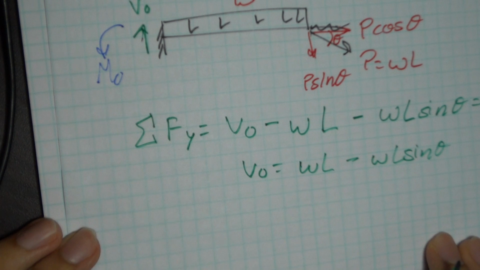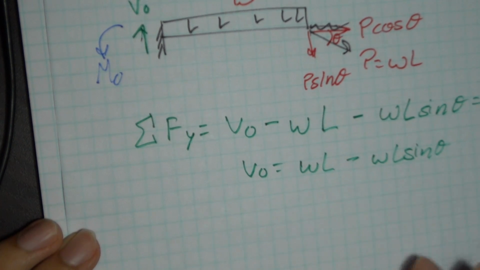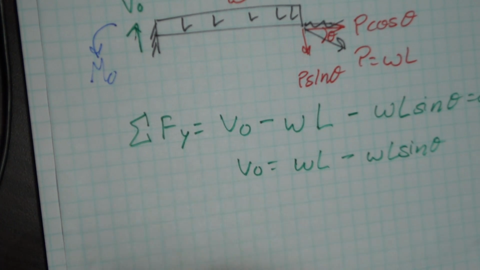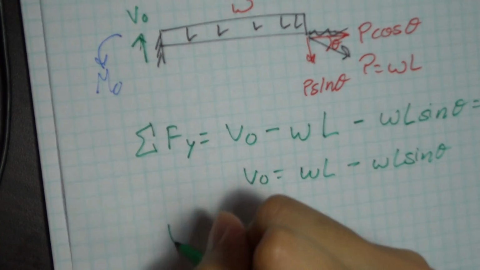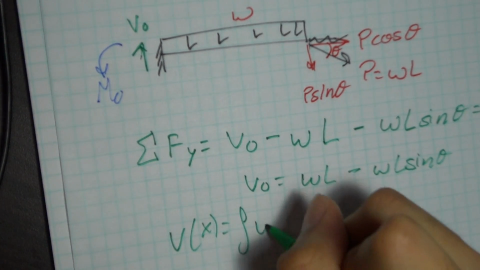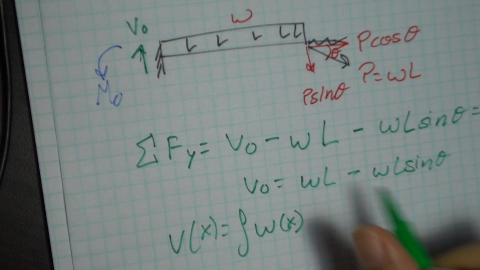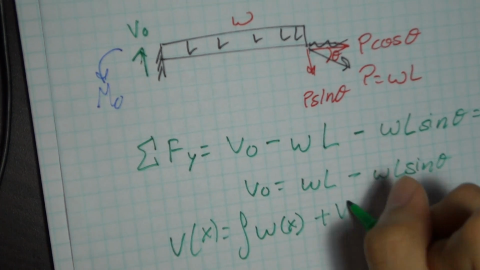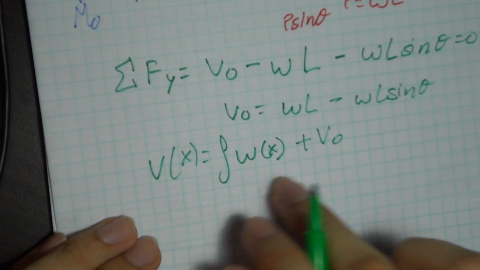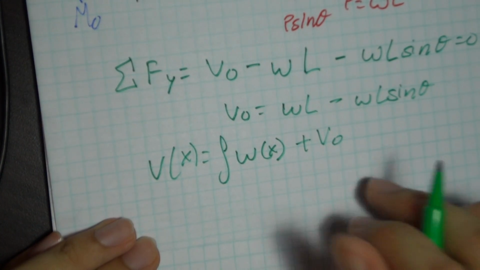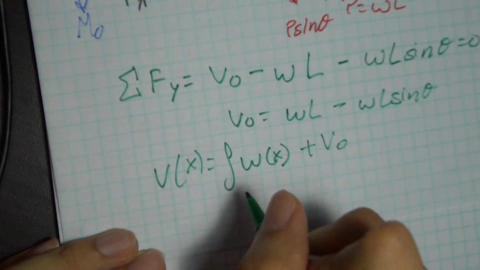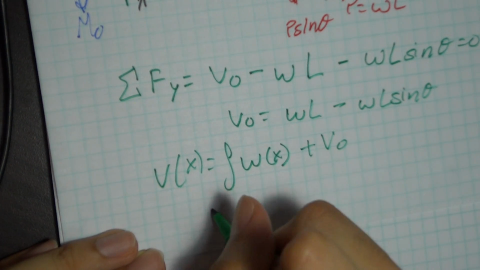And now, when we integrate this, what do we do? We said that V of x is just the integral of omega x plus V naught, right? Basically, I'm bringing the constant outside. And what is omega x? Omega x is a constant. Omega x is just omega.